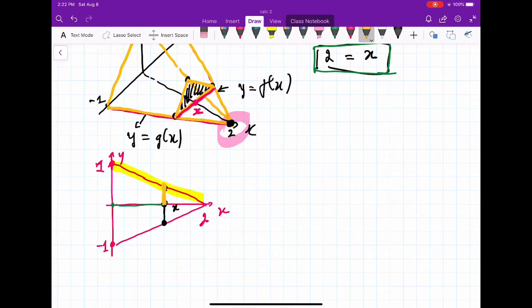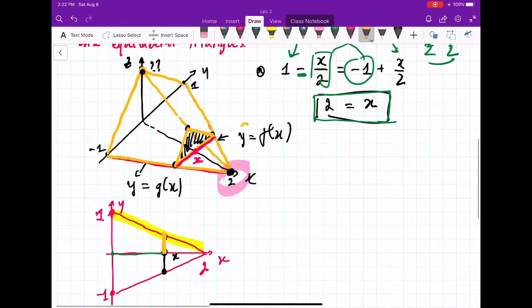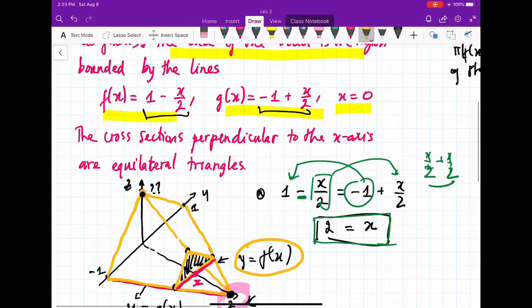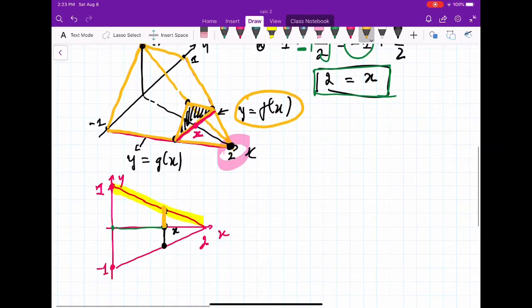But what is the straight line right here? That is y equal to f of x. Where is y equal to f of x? That is 1 minus x over 2. So if we have x in here, here should be 1 minus x over 2. And that is the y coordinate, the distance of half of that interval. So I can find the base.